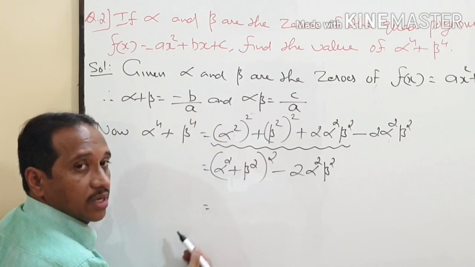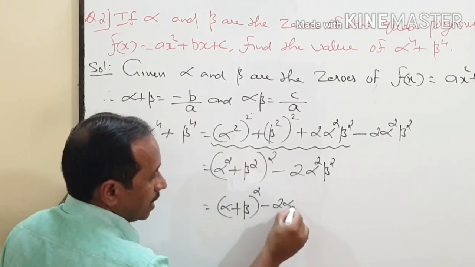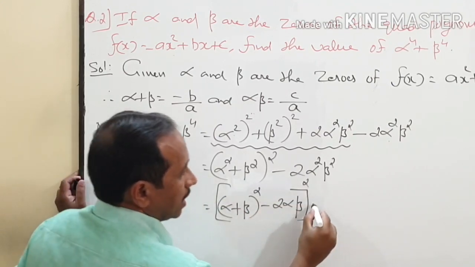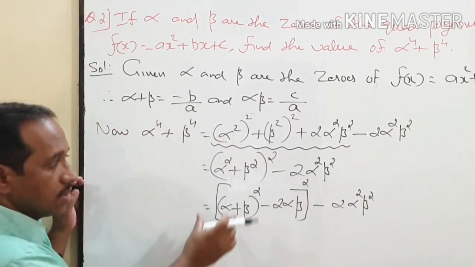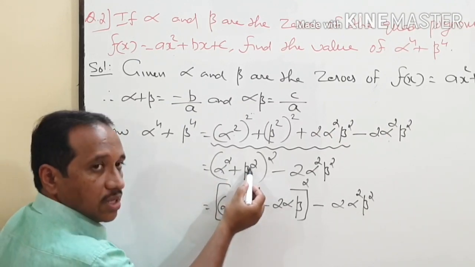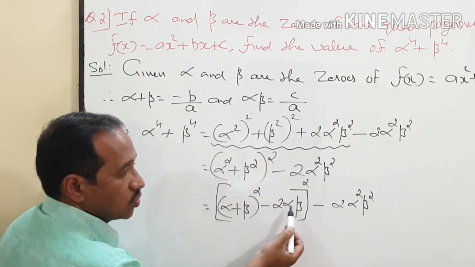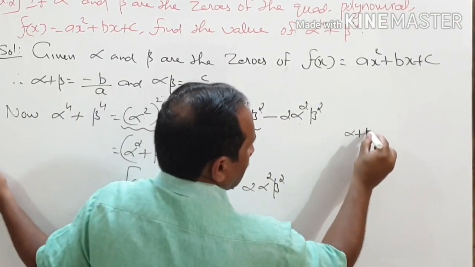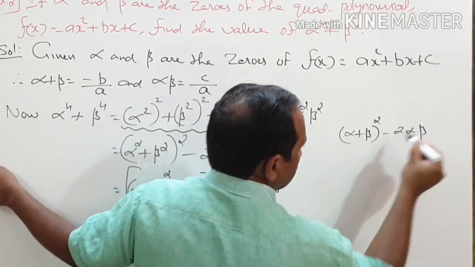Alpha square plus beta square can be written as alpha plus beta the whole square minus 2 alpha beta, the whole square, minus 2 alpha square beta square. There may be some confusion about this relation. Here alpha square plus beta square can be written as alpha plus beta the whole square minus 2 alpha beta. I will explain here. Alpha plus beta the whole square minus 2 alpha beta.